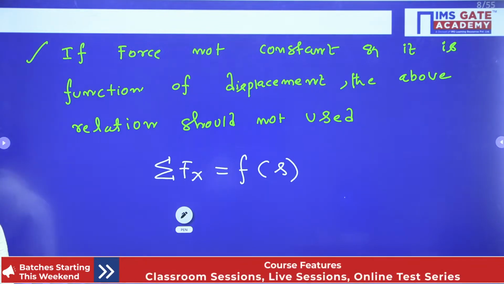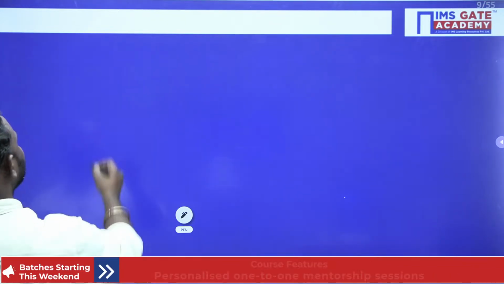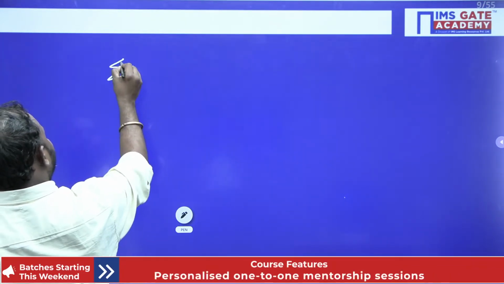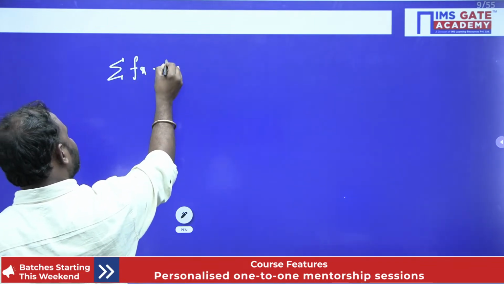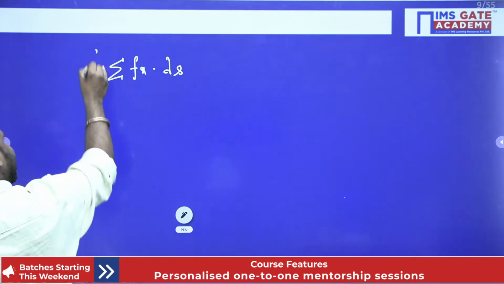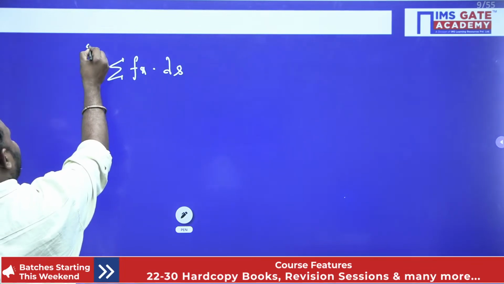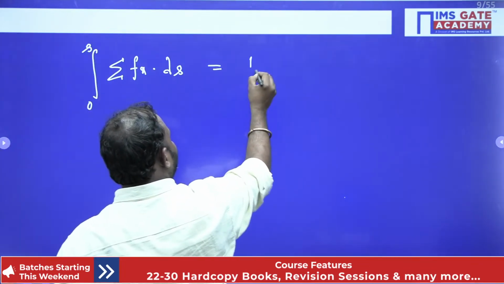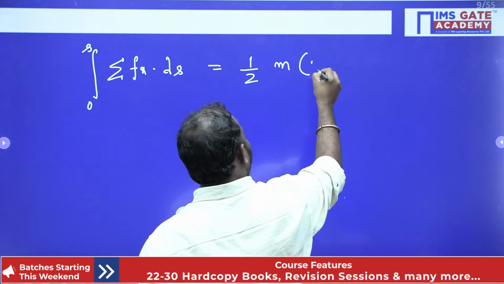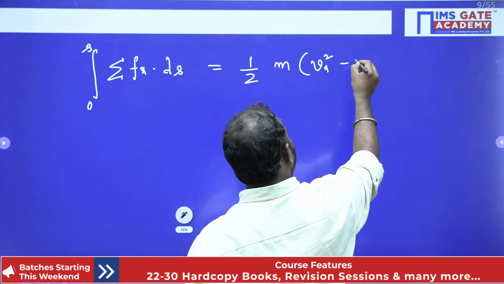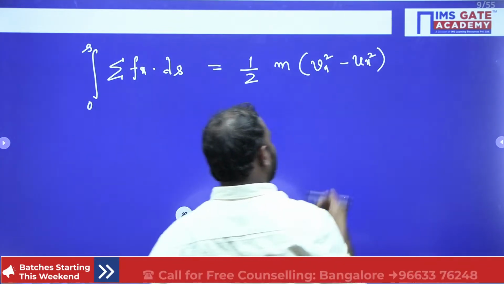In that case we are supposed to use the integral of sigma Fx ds from 0 to s equals half m into vx square minus ux square. This relation has to be used.